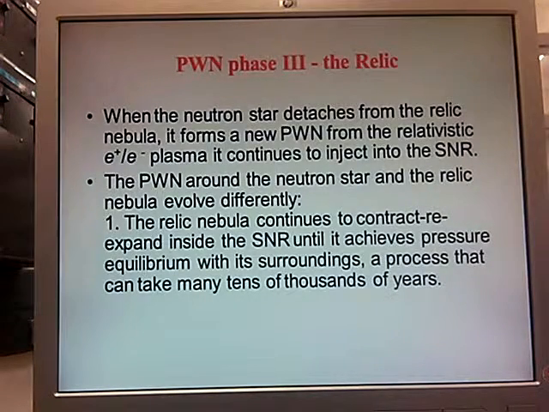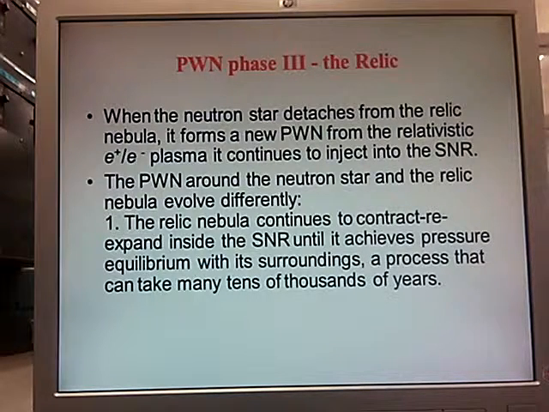So then, what can happen? Well, we're talking about this pulsar wind nebula. The neutron star is going to detach from the original pulsar wind nebula, and then there's sort of two things that happen.